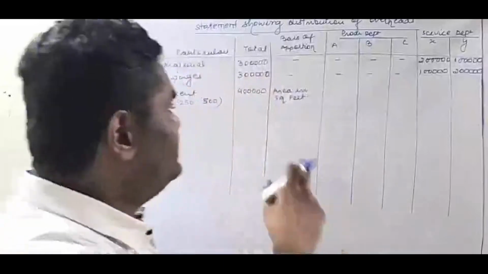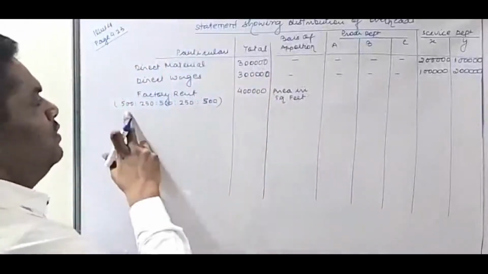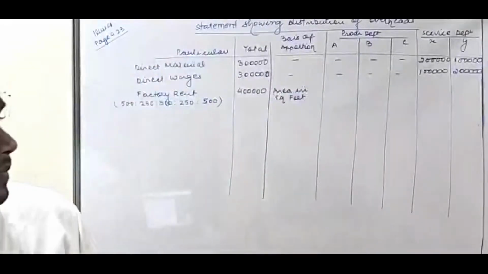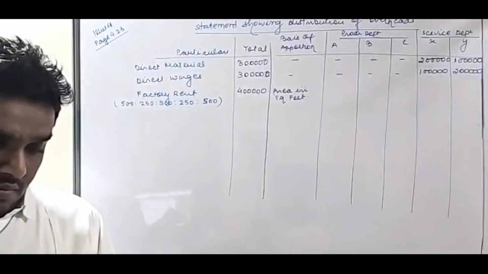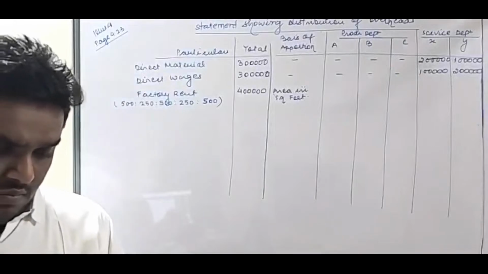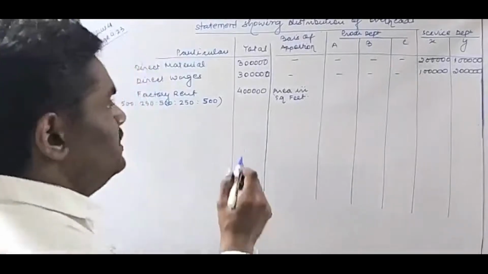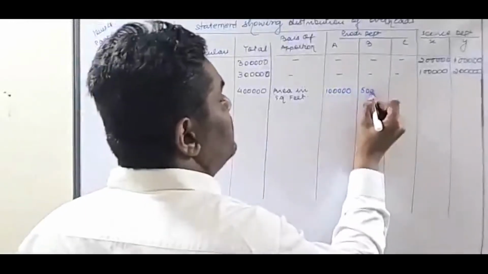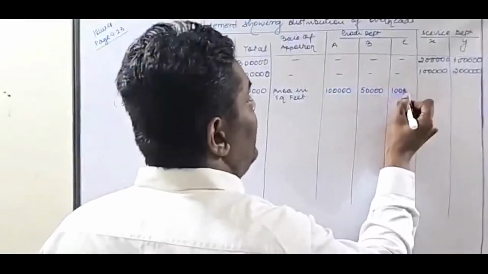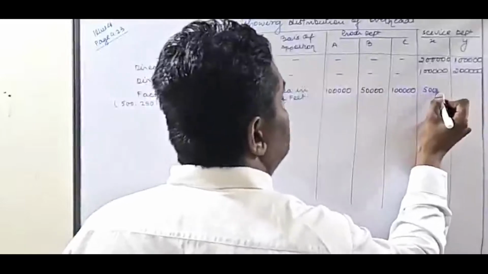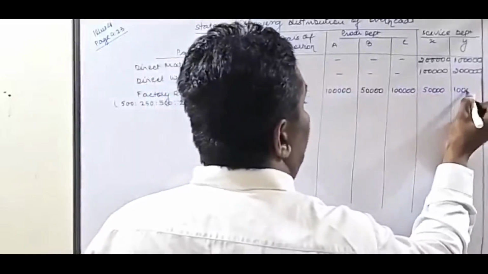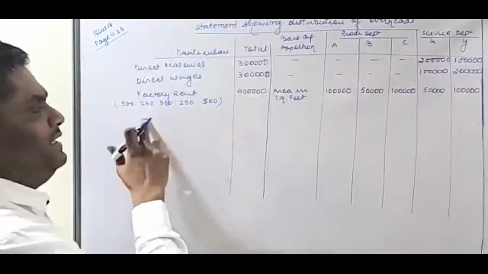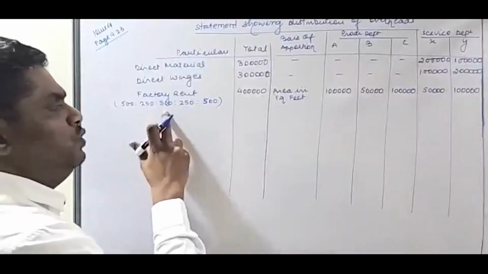So let's distribute this 4 lakh in this ratio. So this will be 1 lakh, this will be 50,000, this will be 1 lakh, this will be 50,000, and this will be 1 lakh. So in short, we have to distribute 4 lakh in the ratio 2:1:2:1:2.